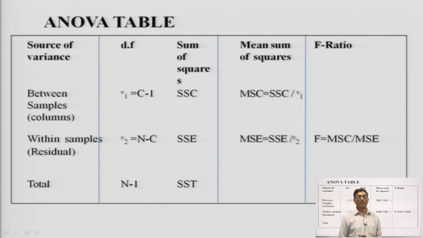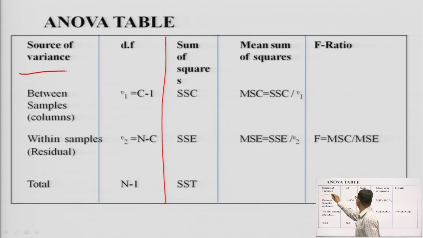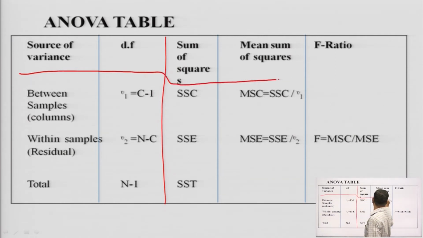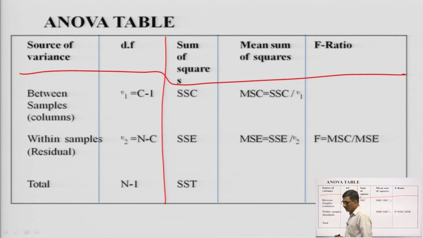This is the ANOVA table, in which the first column is source of variation. The sources of variation are of two types, between the samples and within the samples.